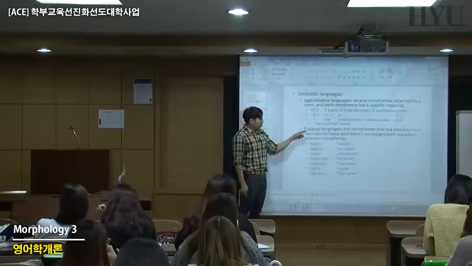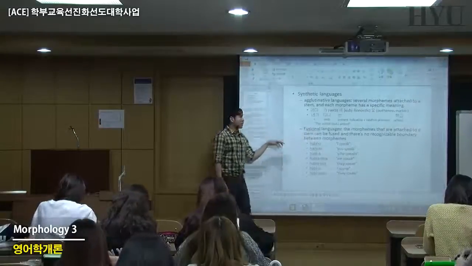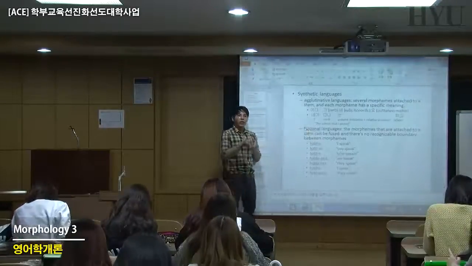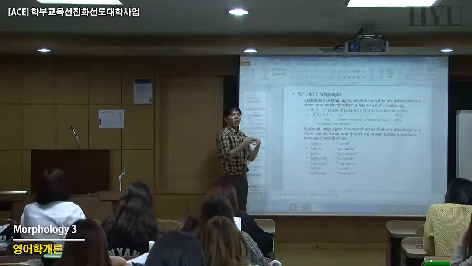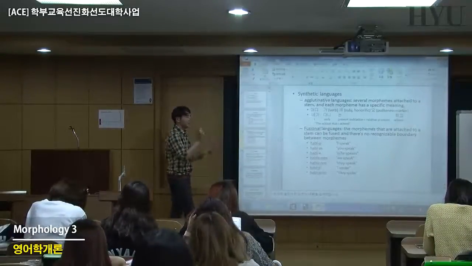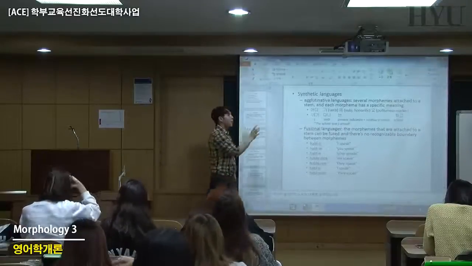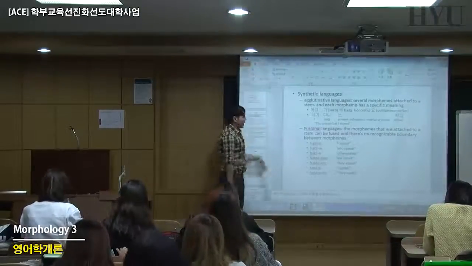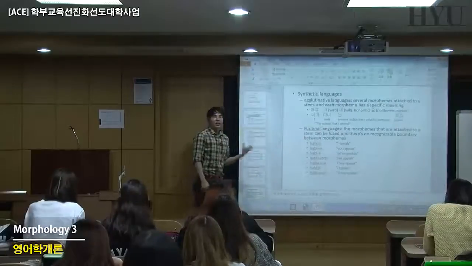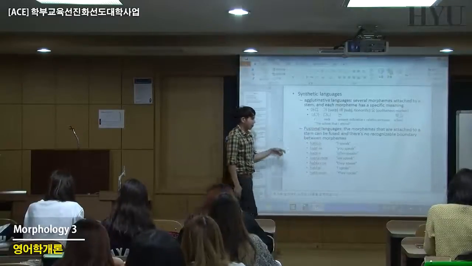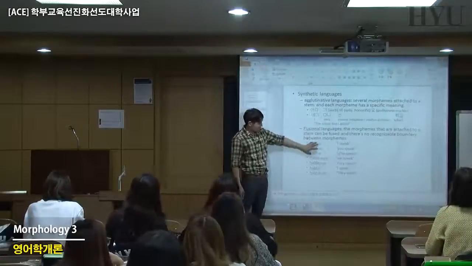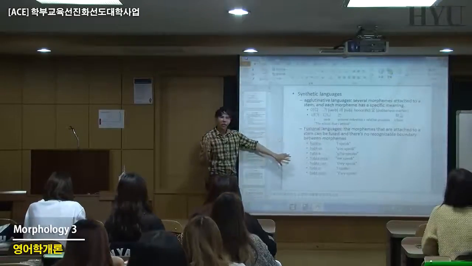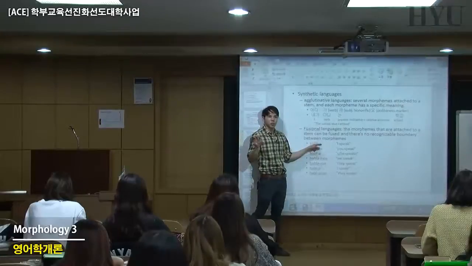Whereas in fusional languages, you know, fusion, the shape is fused together. You cannot recognize the distinct shape when they combine the morphemes. As in Spanish or in French, in Italian, for example, like the verb hablar, to speak, you have different conjugation, you have different forms for different personal pronouns.